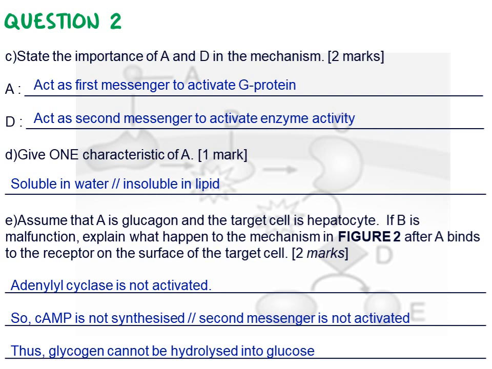So, when cAMP is not synthesized, glycogen cannot be hydrolyzed into glucose. So, we have 2 marks. But we have 3 points, so better you write all the 3 points to get the maximum 2 marks.